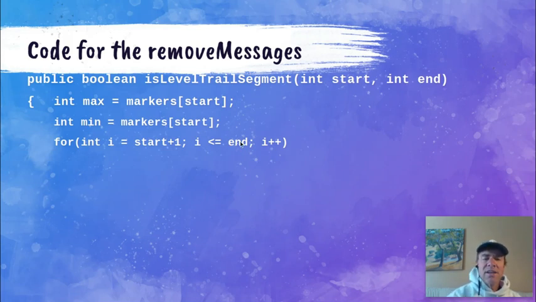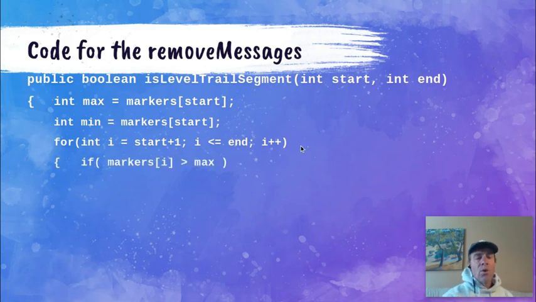But in this case, I've got to include end in my list. A precondition of this method says that end is within the scope of the array. So I'm not going to have an out of bounds error by going to end. And then every time through, I'm going to be incrementing by one. That hopefully makes some sense.